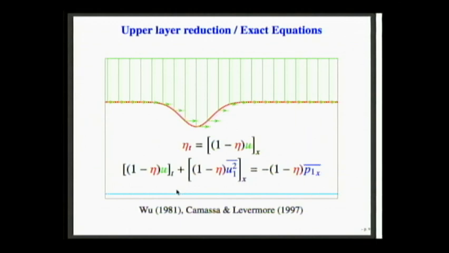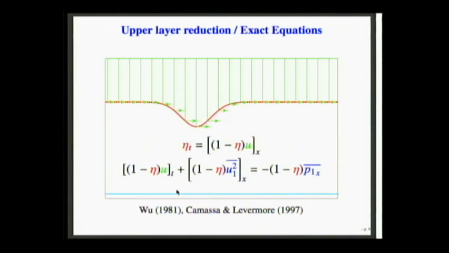So we take an average of the horizontal component of the velocity, and that will be u. Eta is the perturbation of the interface, and this is an exact system of equations already known from Wu and also in the Camassa-Levermore paper of 1997. This is an exact system, but it is not closed.